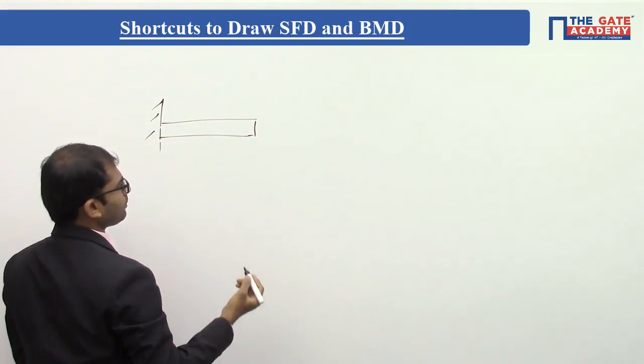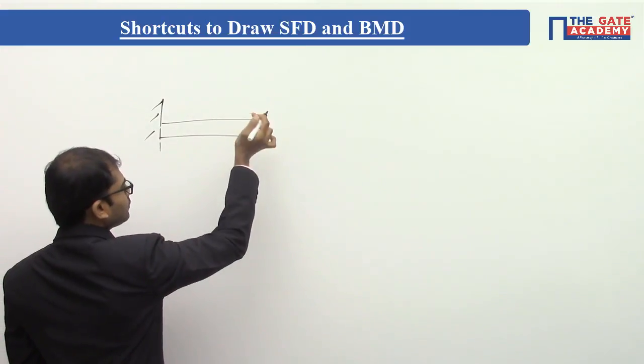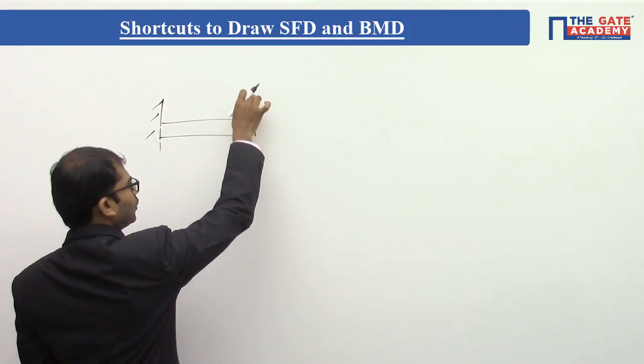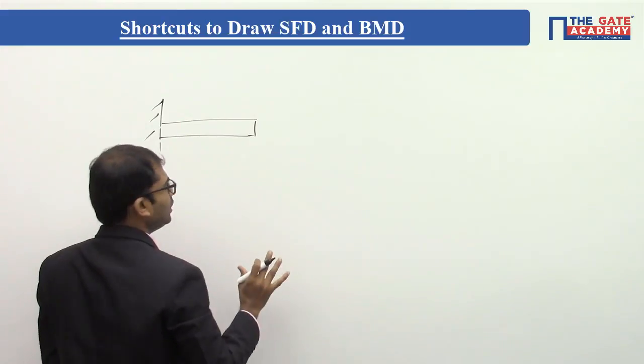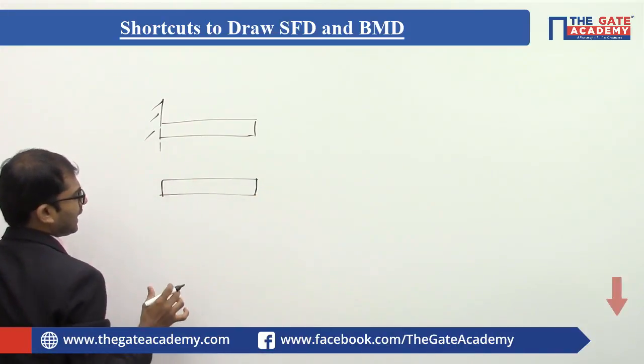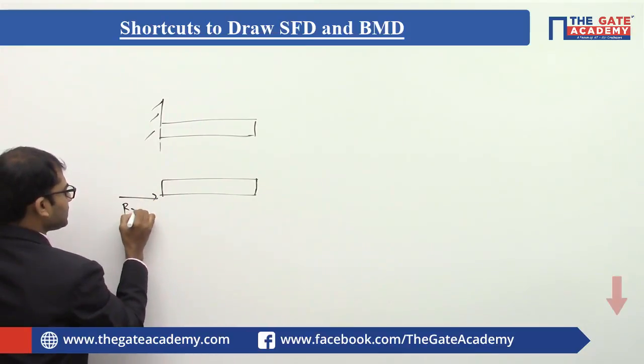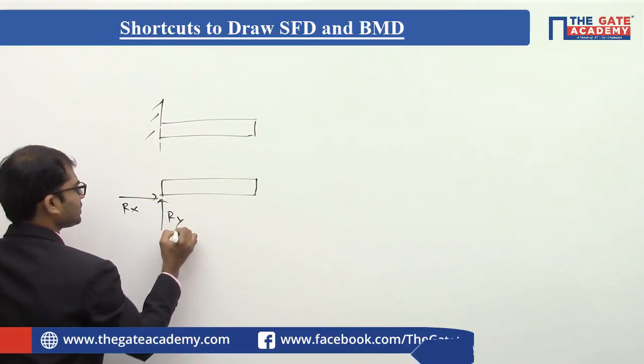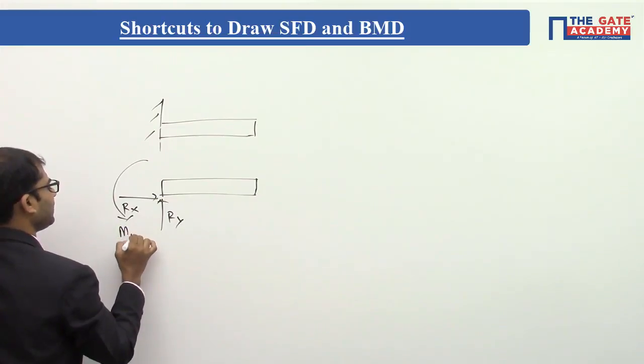If you have a cantilever beam like this, loaded in any way, that means the load can be a uniformly distributed load, a point load, any loading case here. If you draw the free body diagram for this particular cantilever beam, you will have Rx, you will have Ry, and also the reaction moment M naught.